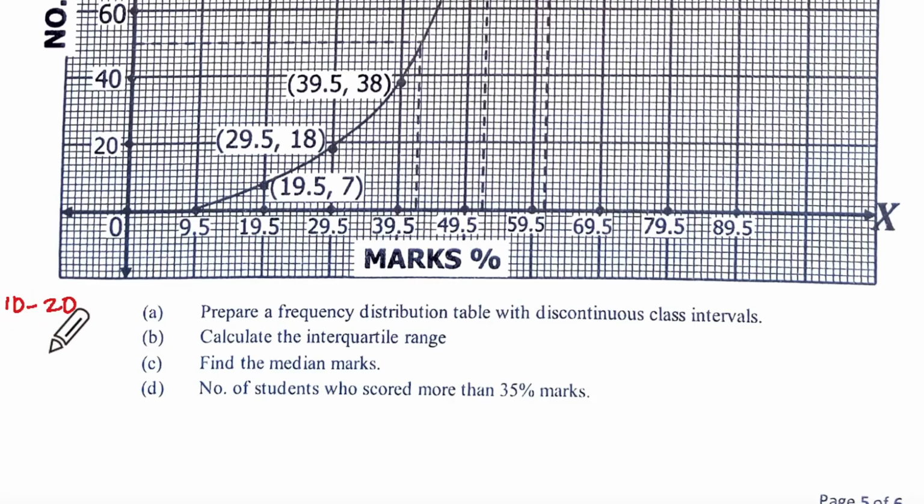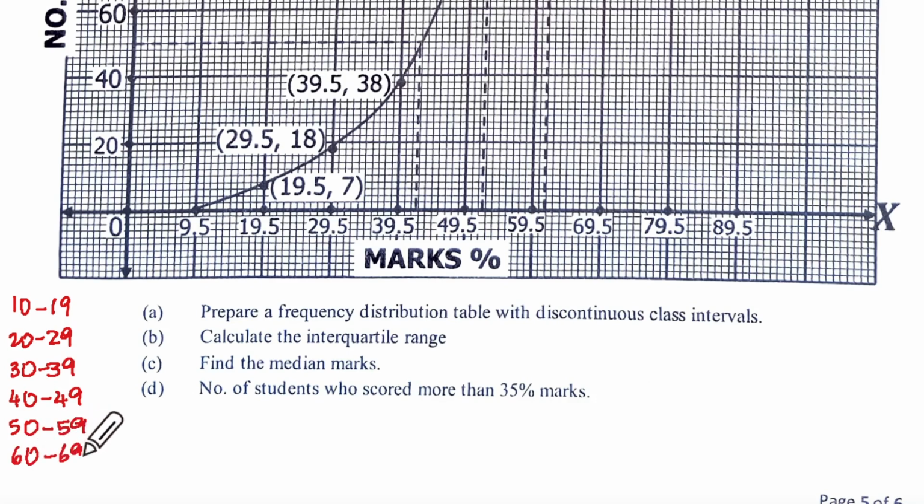Ma'am, this continues, so it will be 10 to, sorry, 19, then 20 to 29, 30 to 39, 40 to 49, 50 to 59, 60 to 69, 70 to 79, 80 to 89. That's the last one.